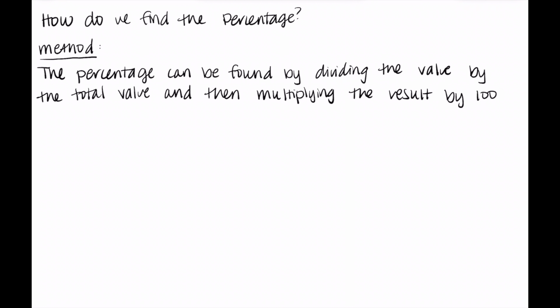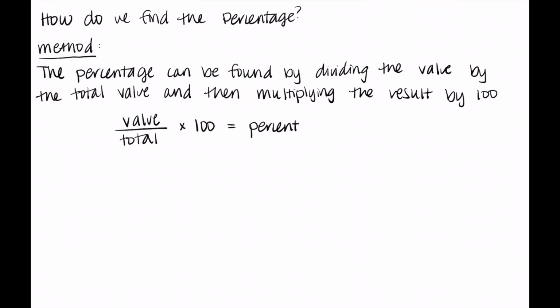Like the definition says, we have our value divided by our total value. I'll just write total. Then we multiply that by 100, and that will give us the percentage. This little shorthand notation on the bottom is how we're going to approach all of our practice problems.